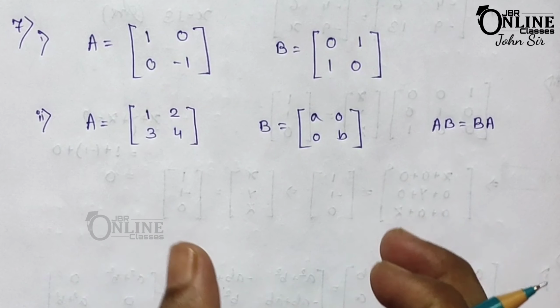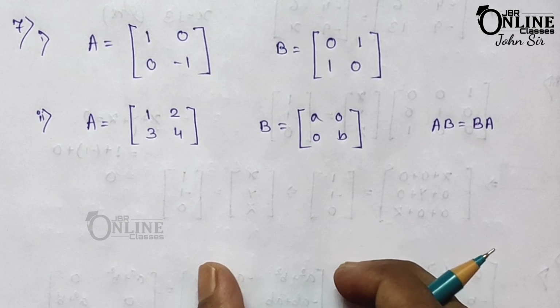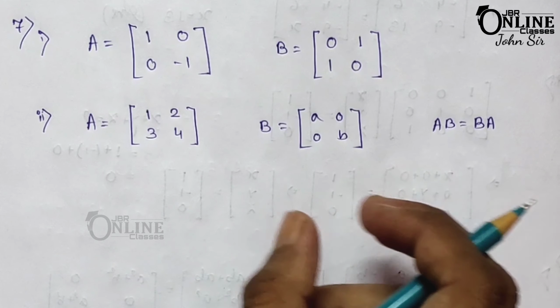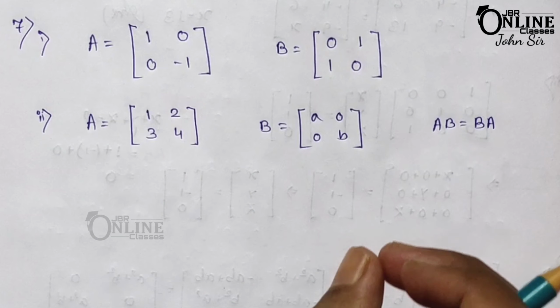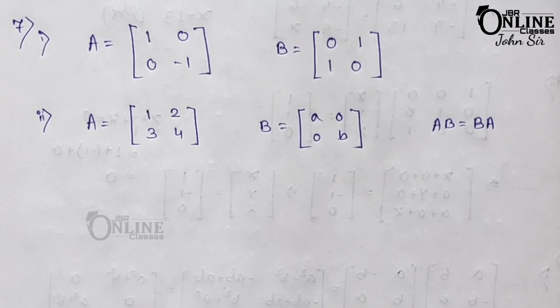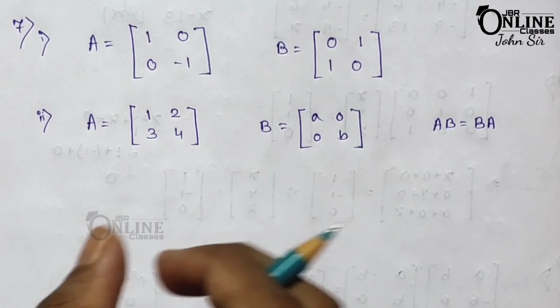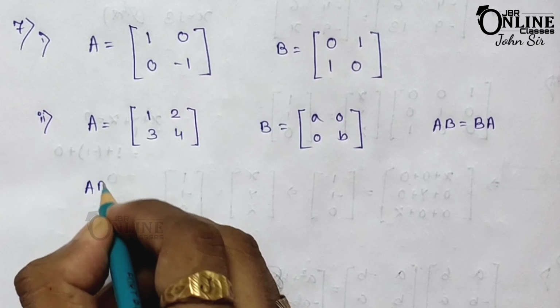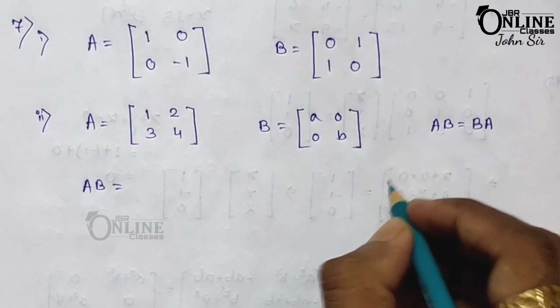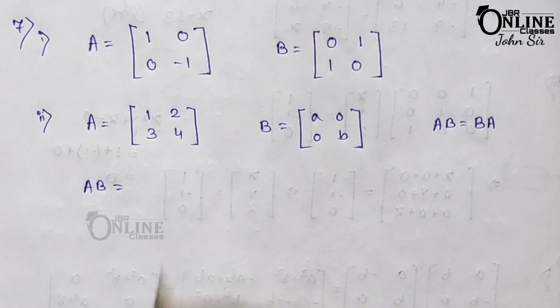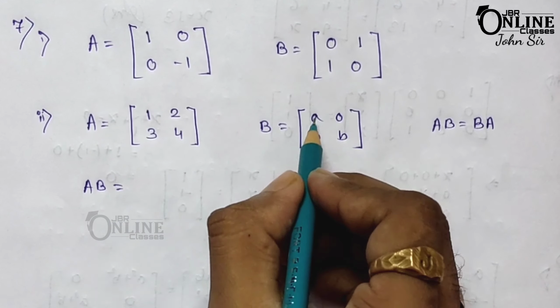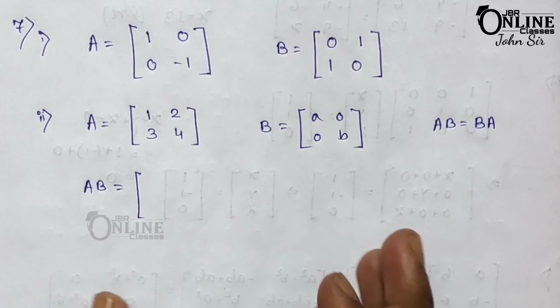So first you have to know what is a scalar matrix. A scalar matrix is where the diagonal elements are equal and the non-diagonal elements are 0. So first here I am going to find out the AB and then going to find out the BA also. So as here A into B, that means A here it's only a 2 by 2 matrix.